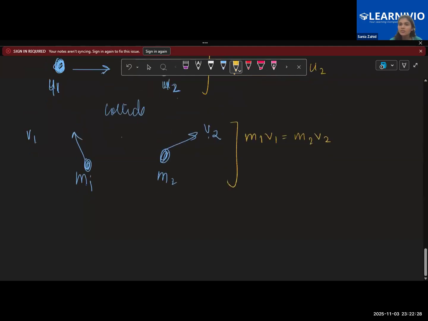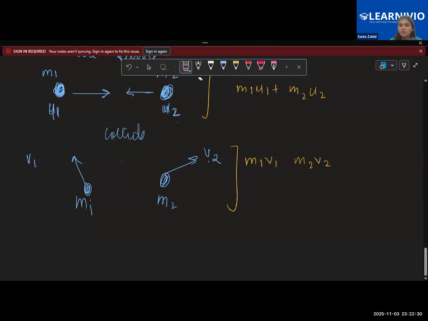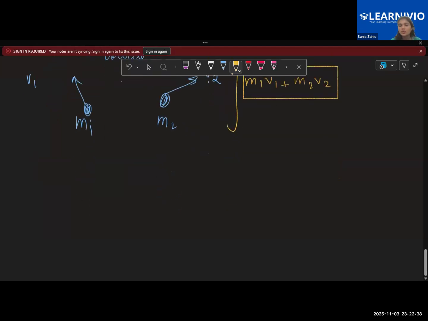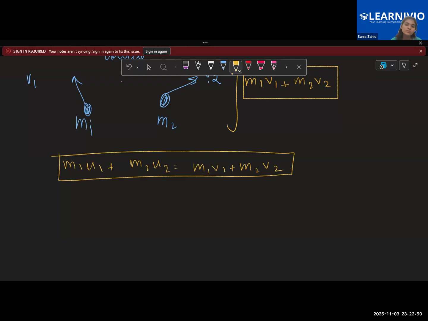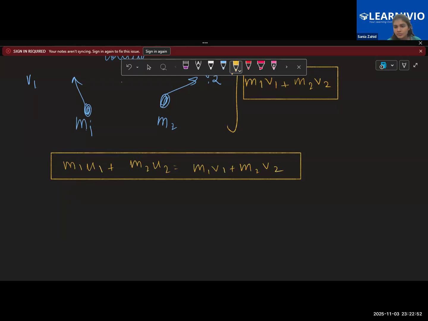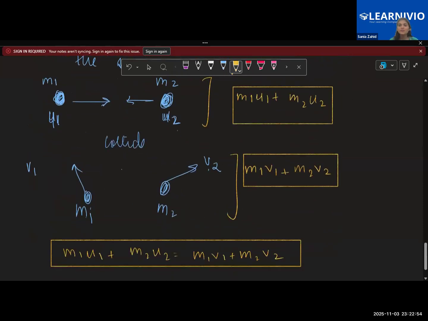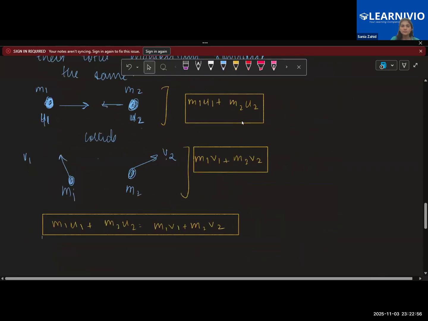Now they are telling you that this quantity and this quantity are equal. So this is what the law of conservation of momentum is. m1 u1 plus m2 u2 is equal to m1 v1 plus m2 v2. Understood? This is a very important theorem.